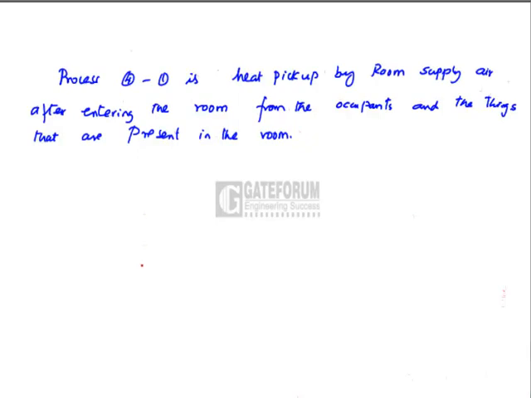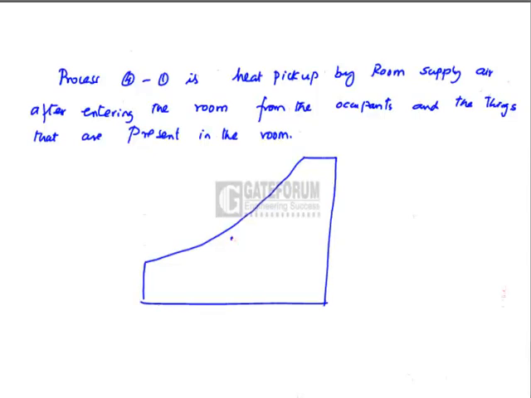So representing this process, 4 to 1 is the actual psychrometric process corresponding to the heat pickup by the room supply air taking place within the room.